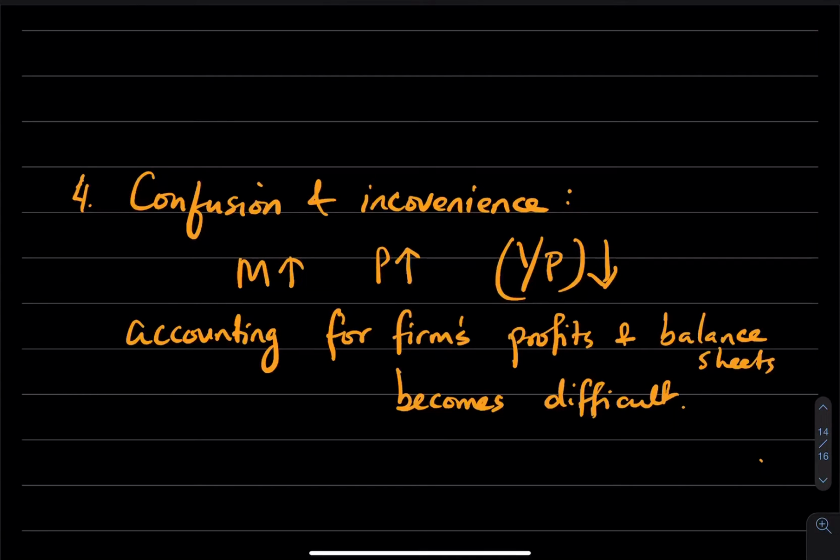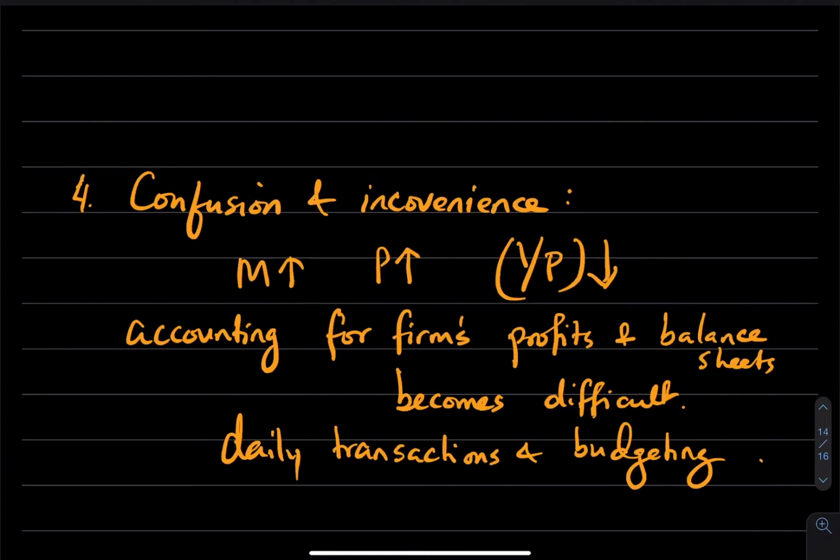In general, if you are a consumer or a producer, if you can't understand the yardstick, if it's changing constantly, it makes daily transactions and budgeting confusing.